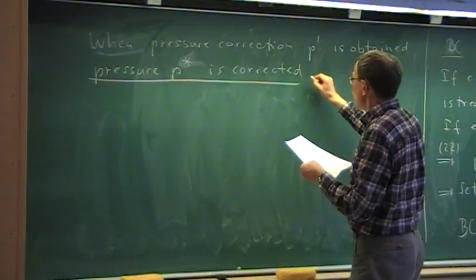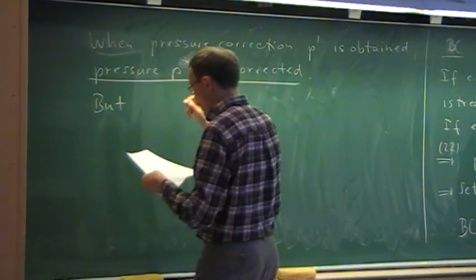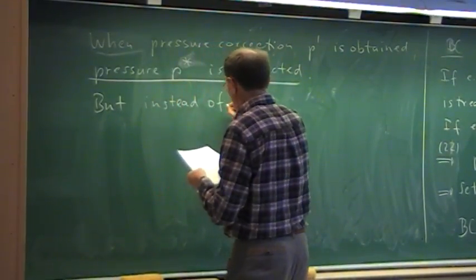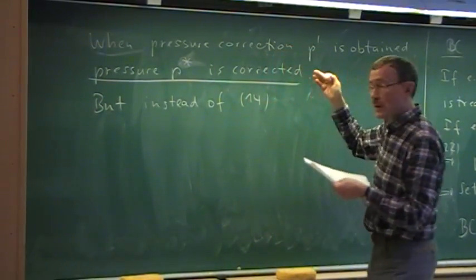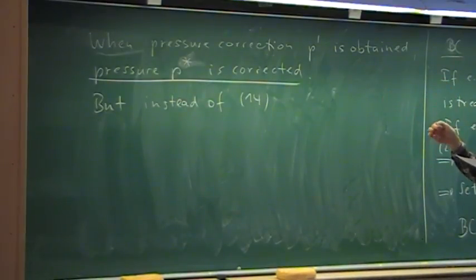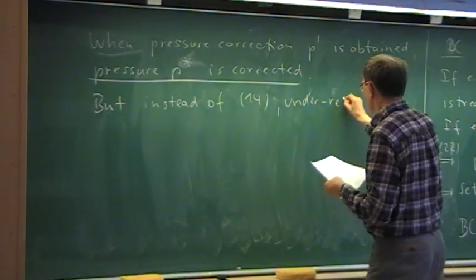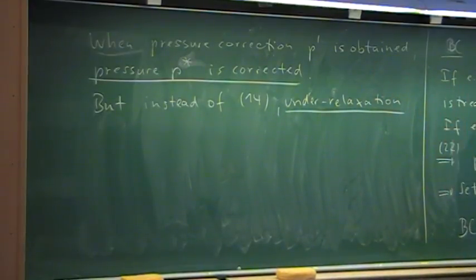But instead of equation 14, now comes what I already told you about earlier. Instead of correcting it directly, that is P equals P star plus P prime, under-relaxation is used. It turns out that is better because in this process we have made an important but simple approximation when we derived the relation between velocity corrections and pressure corrections.